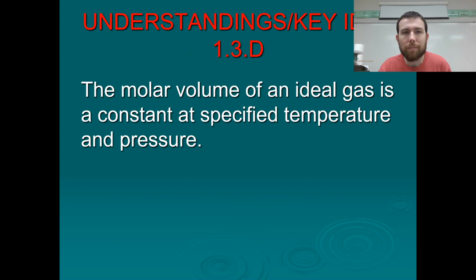Now, the other thing we need to incorporate here is that there is a conversion factor to be able to go from volumes to moles, and it's important for us to recognize those. So the molar volume of an ideal gas is a constant at specified temperature and pressure.